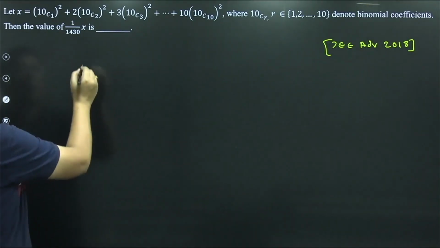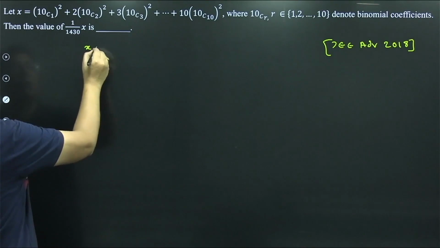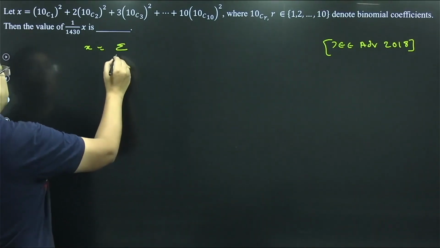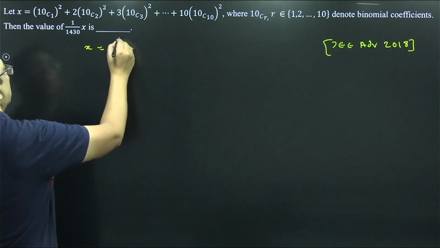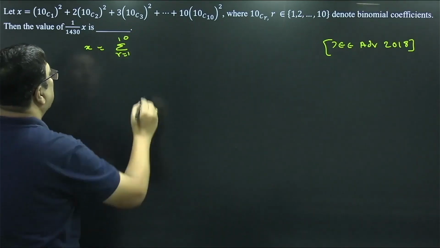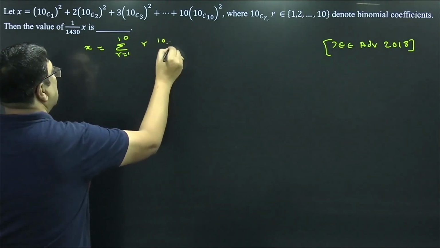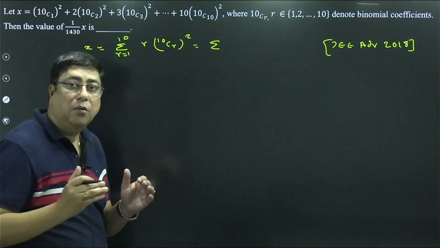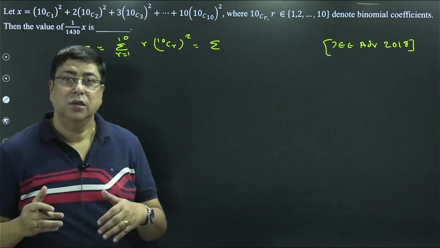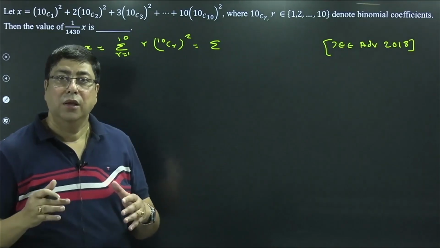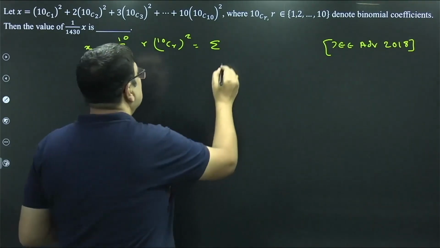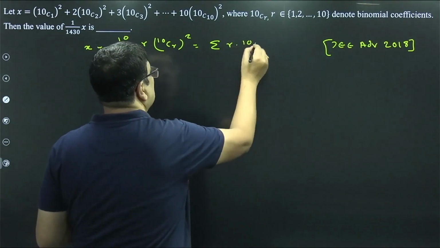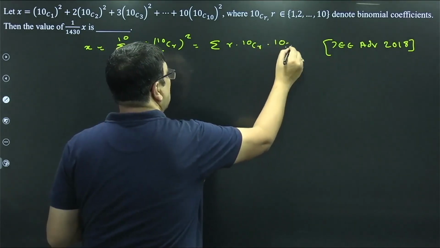So this can be written as x equal to summation of r equal to 1 to 10 r into 10cr whole square. So let us make some calculative series so that it is totally comfortable to us, our known series. So we can write this as r into 10cr into 10cr.